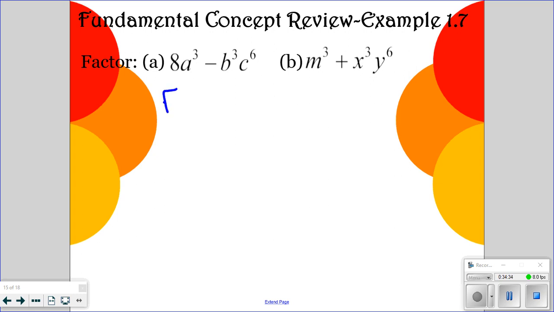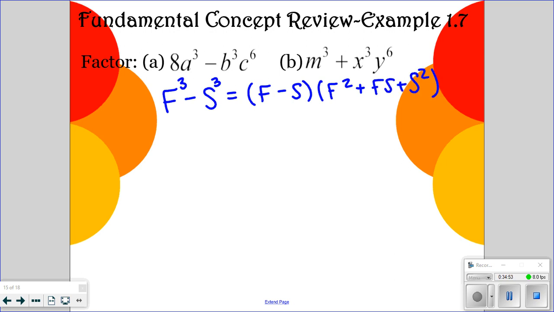I'm going to use an f for the first term and an s for the second term. So we have f cubed minus s cubed. The way that it factors is f minus s times f squared plus fs plus s squared.